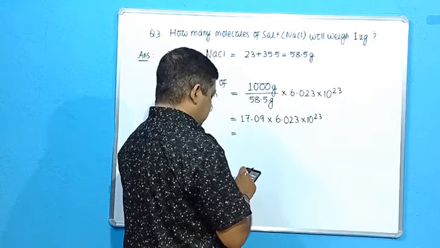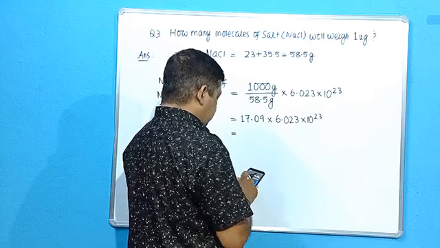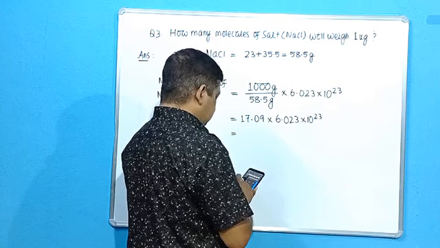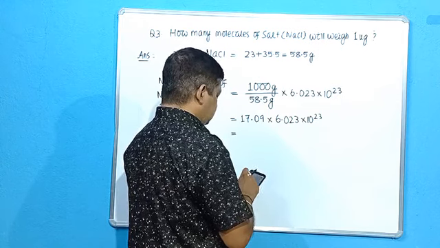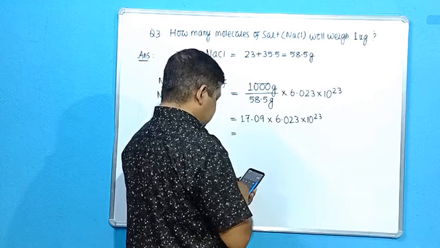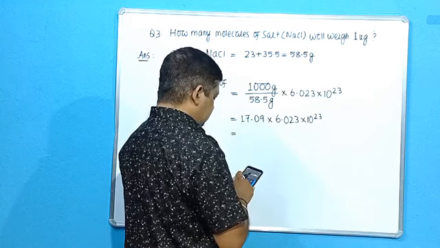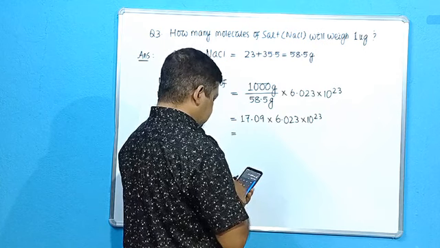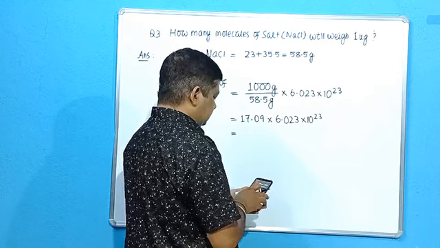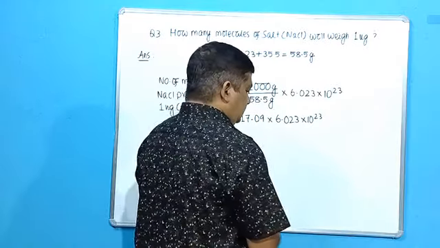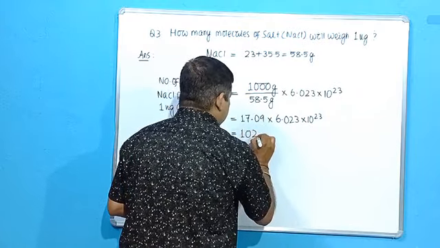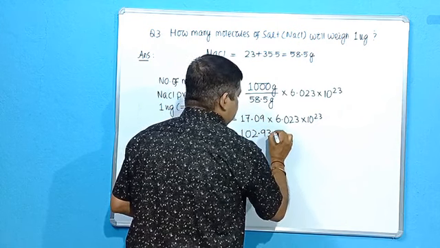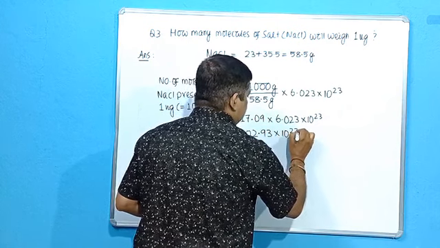Now 17.09 into Avogadro number 6.023 gives 102.93. So 102.93 into 10 to the power 23 molecules.